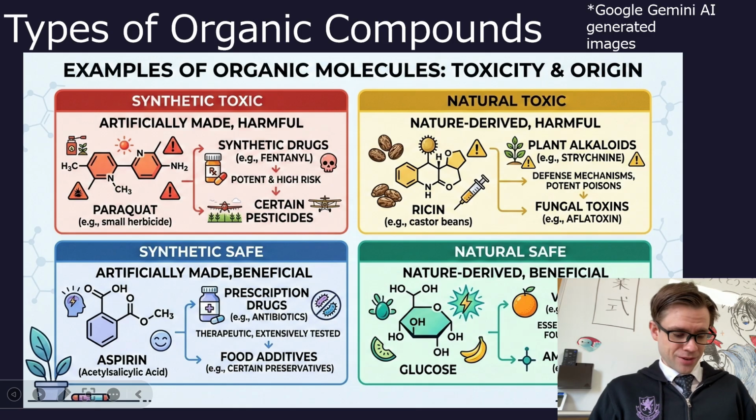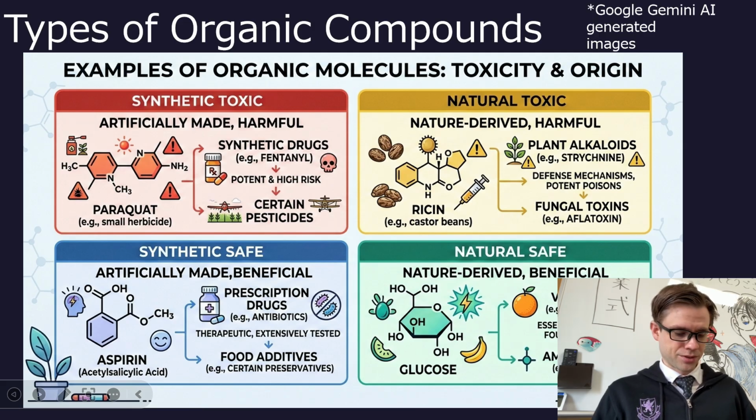Then synthetic safe things, aspirin. It's a good anti-inflammatory drug, although it is toxic even in very small amounts to babies and infants, so we don't give it to babies. So age of the subject is even a consideration for whether this is toxic or safe or not.